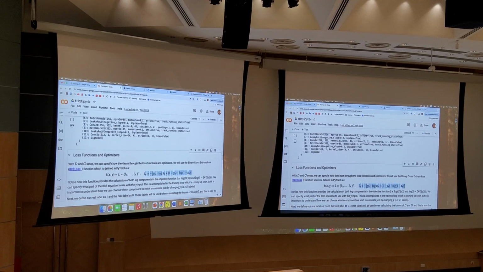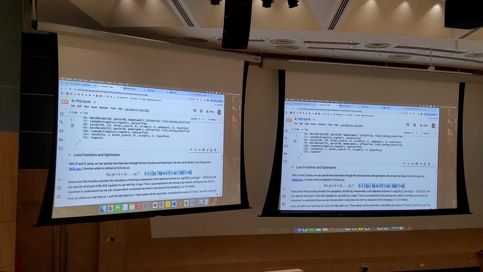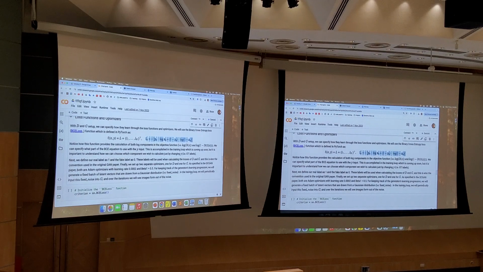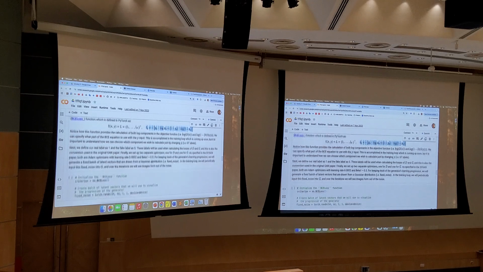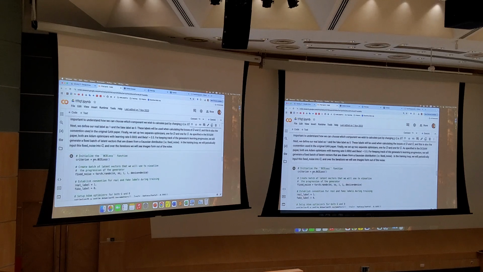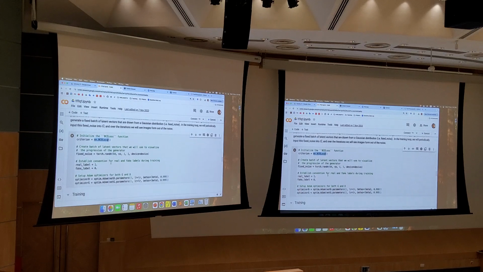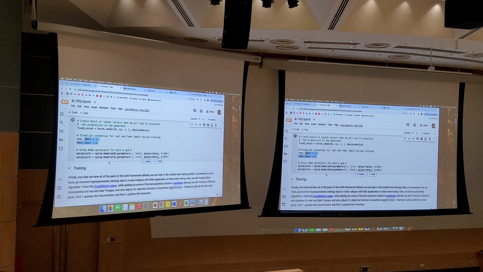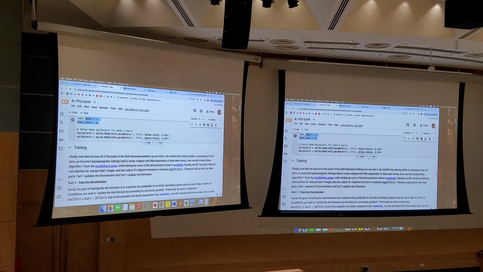Okay, that's the binary cross entropy loss. So here you define the CE loss, and then you define the labels that you need during training. Then you can define your optimizer.